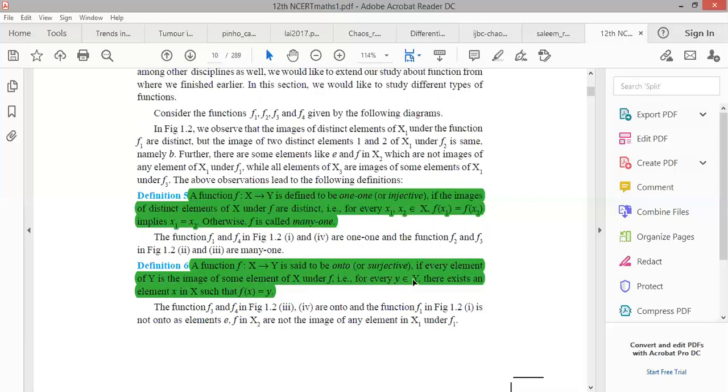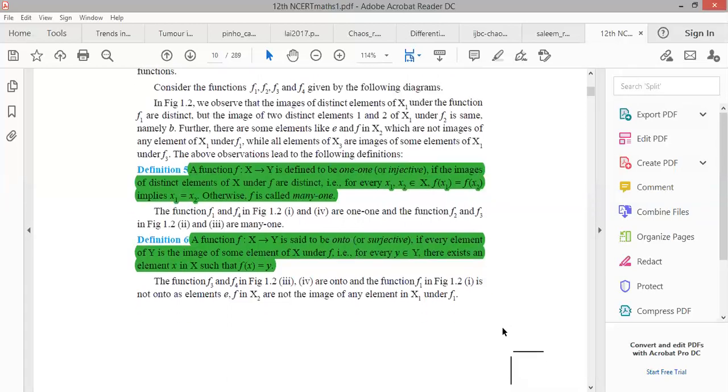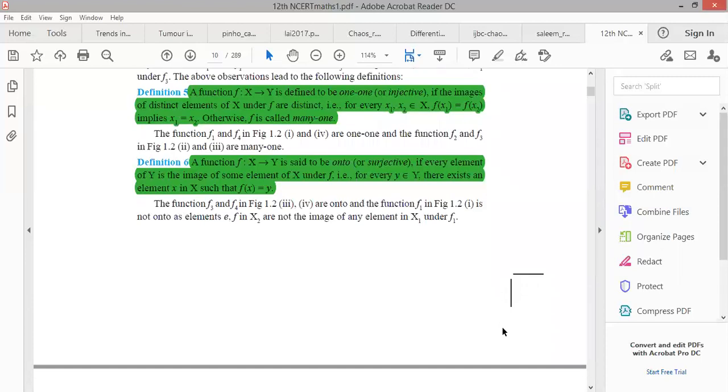That is, for every element y of the codomain, there exists at least one element x in X such that f of x is equal to y. This actually means that none of the elements of the codomain is left without mapping. There is at least one element in the domain that has been mapped to each element of the codomain.